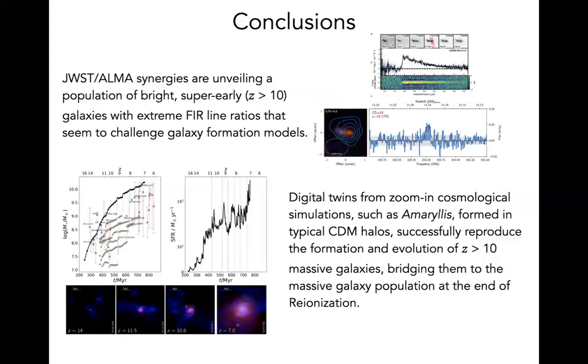So I would leave you with my conclusion. Basically, these JWST and ALMA observations are unveiling this kind of rare bright system that we were not expecting to be that many at high redshift, which are challenging star formation and galaxy formation models.